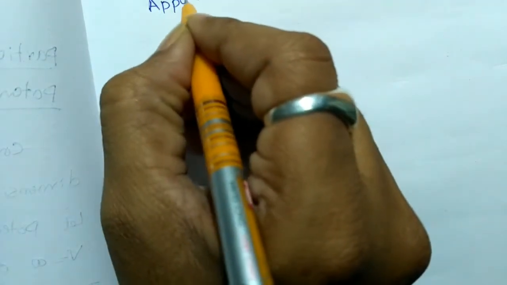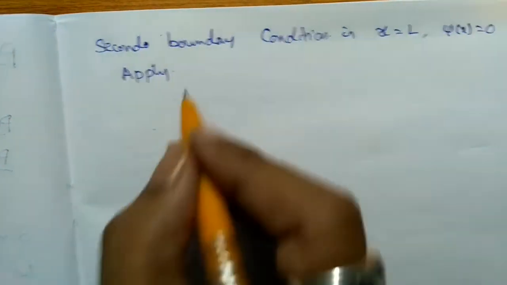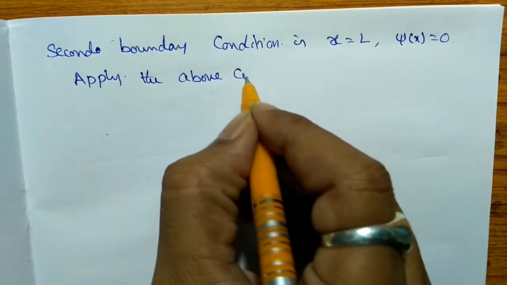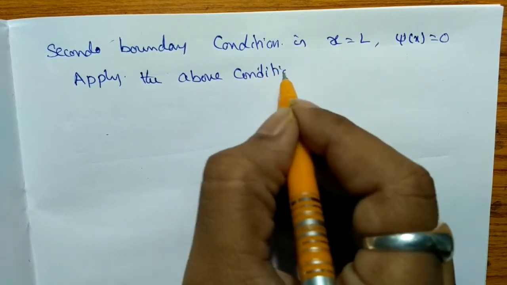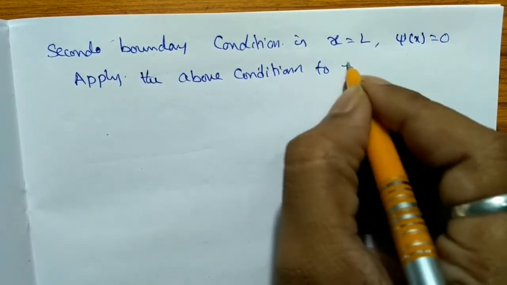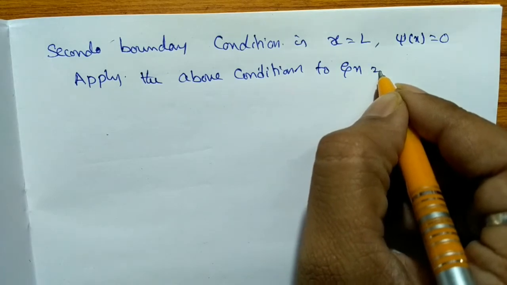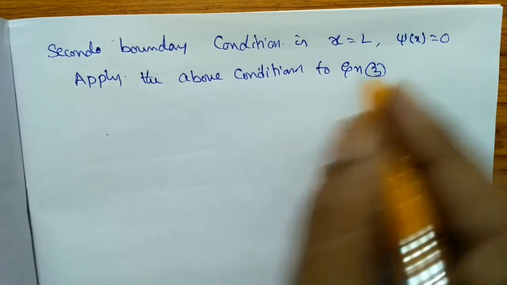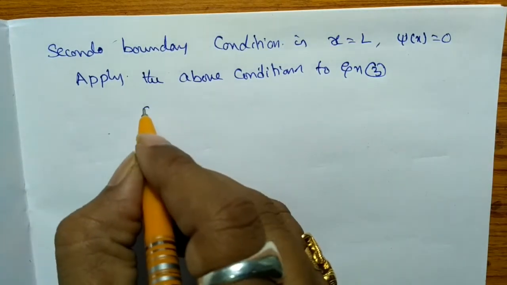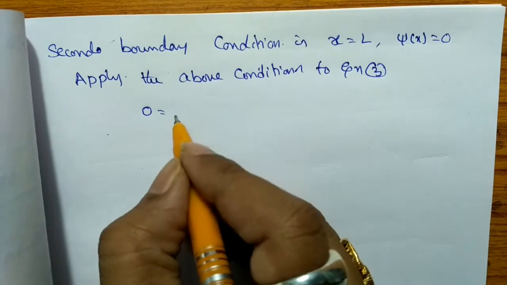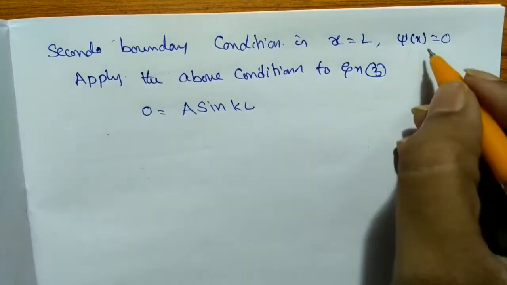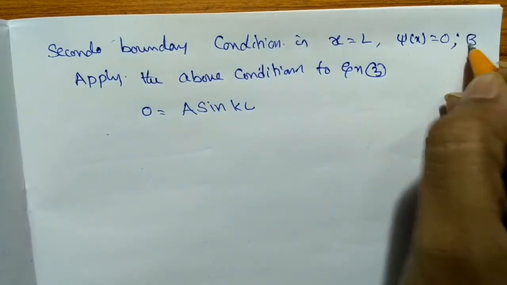Now apply the above conditions to equation 3. Then equation 3 becomes 0 is equal to a sin kL plus b cos kL. We have the other condition b is equal to 0, which we just solved.